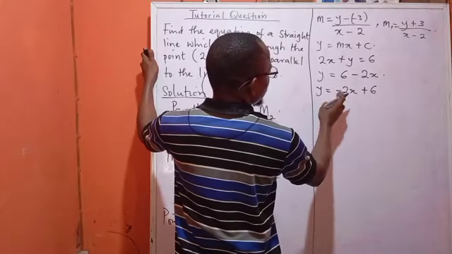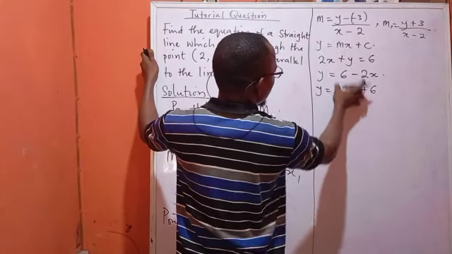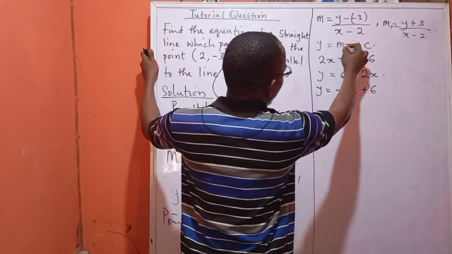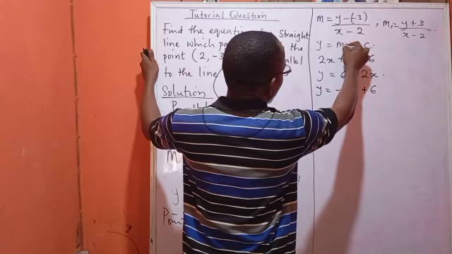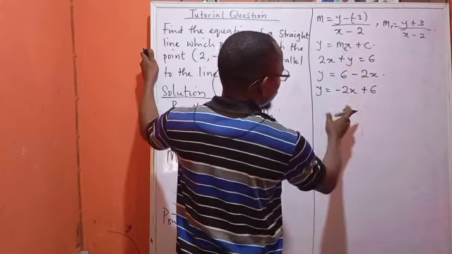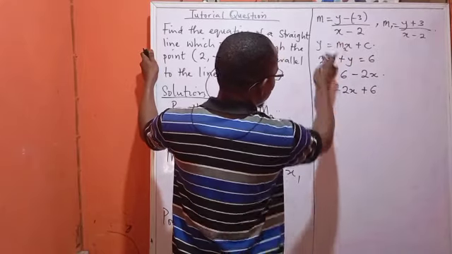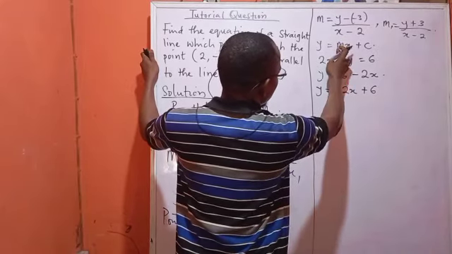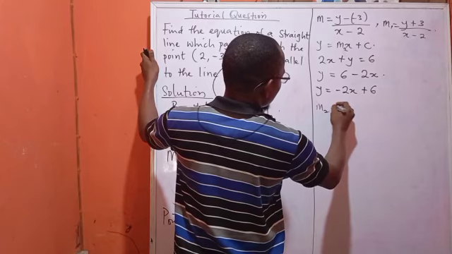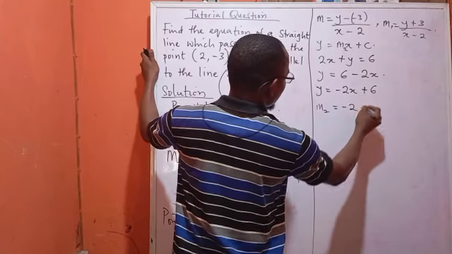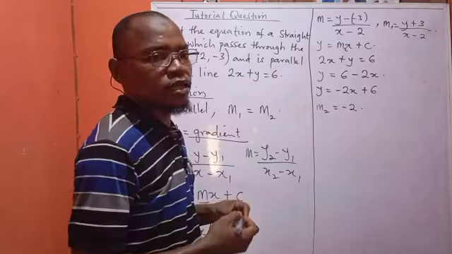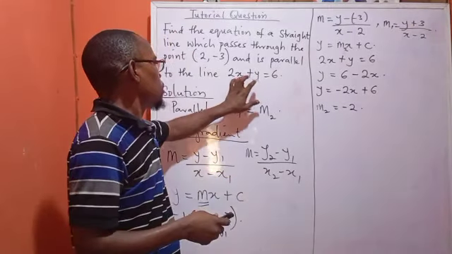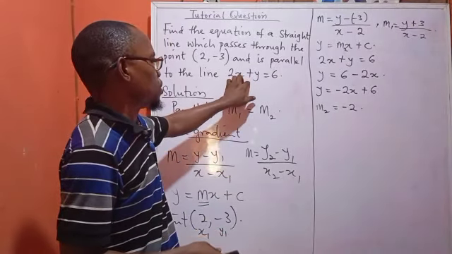If we equate this with y equals m2x, then our m2 is equal to minus 2. So that's our gradient of the second equation here.